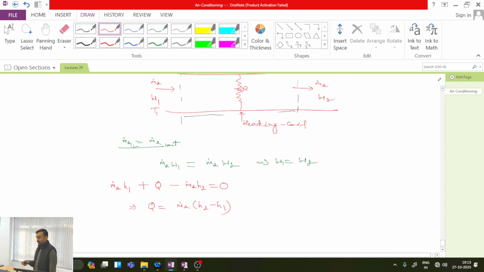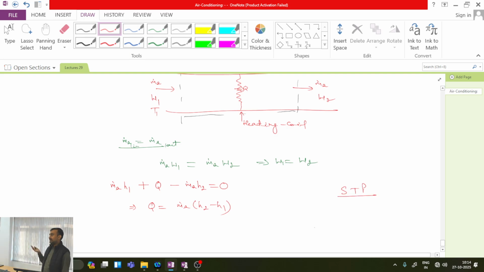Is this one clear? Now, for air, as I specified in one of the earlier lectures, whenever we deal with air we try to specify its volumetric flow rate. Because whatever blowers, compressors, fans, etc. you see in the market are available in terms of the volumetric flow rate of the air. Whenever we define the volumetric flow rate, we follow the STP conditions.